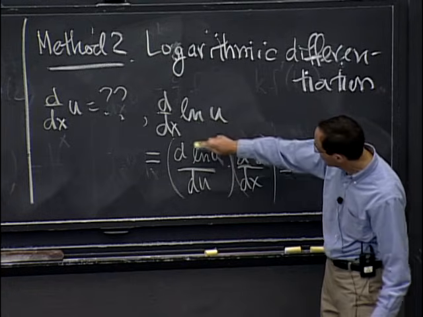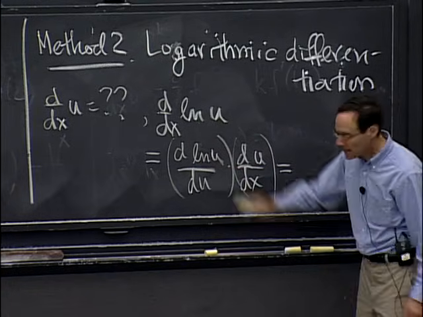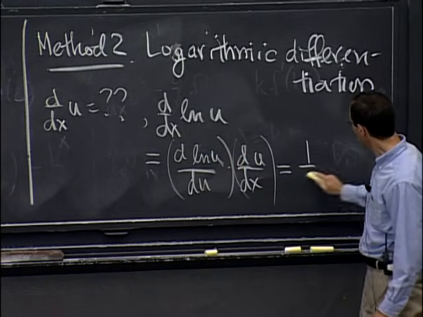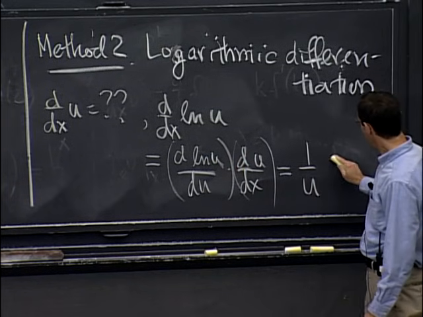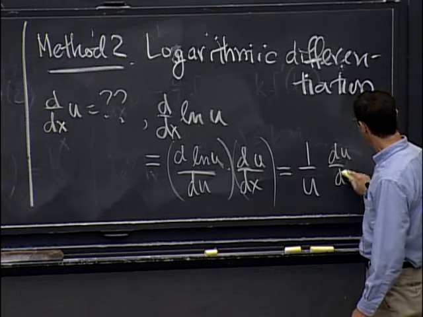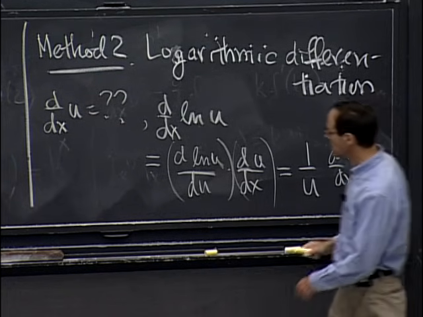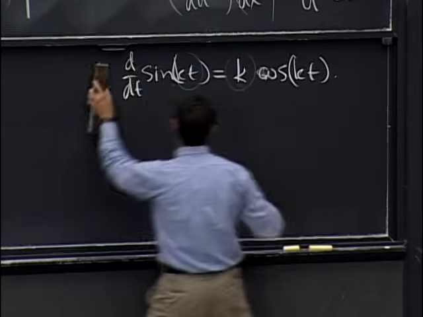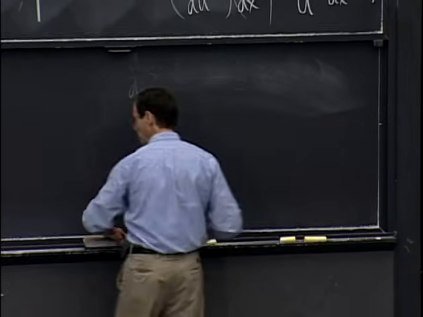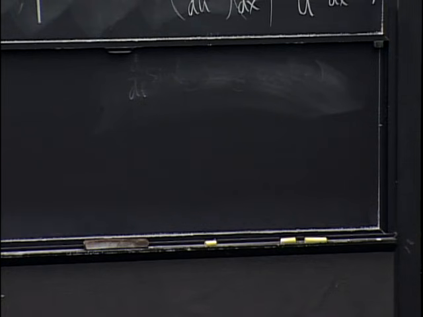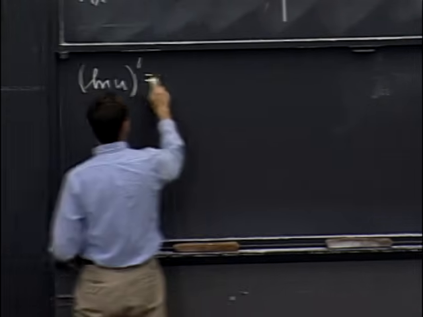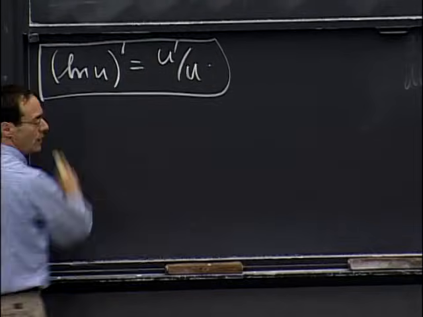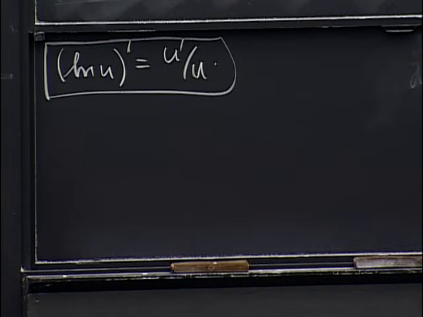So remember what the derivative of the logarithm is. This is, what is it? 1 over u. So here I have a 1 over u, and here I have a du dx. So I'm going to encode this on the next board here, which is the sort of the main formula that you always need to remember, which is that log u prime is equal to u prime over u. Okay, that's the one to remember here.